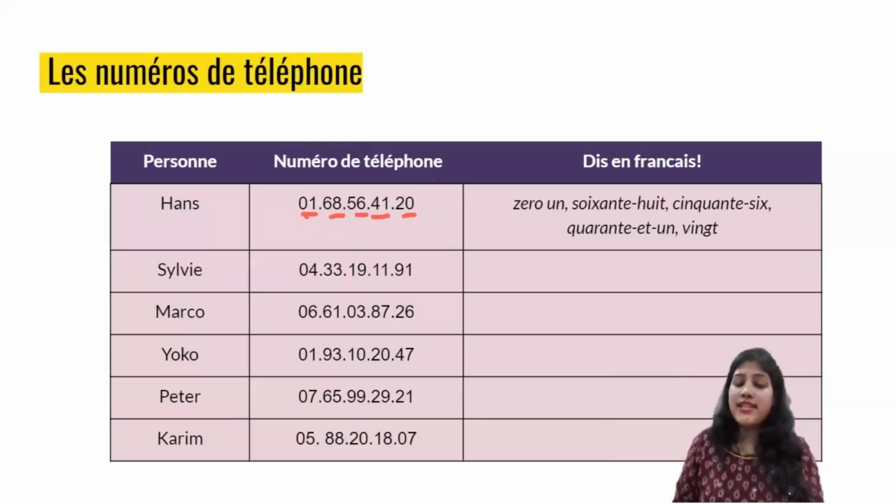So this one becomes 0 a, 68, 56, 41, 20.